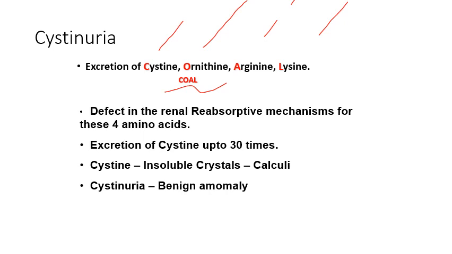The defect in renal reabsorption of these 4 amino acids leads to cystinuria, where there is excretion of all these amino acids. Excretion of cysteine up to 30 times occurs. This cystine forms insoluble crystals in the urinary tract and leads to the formation of renal calculi, though it is usually a benign anomaly.